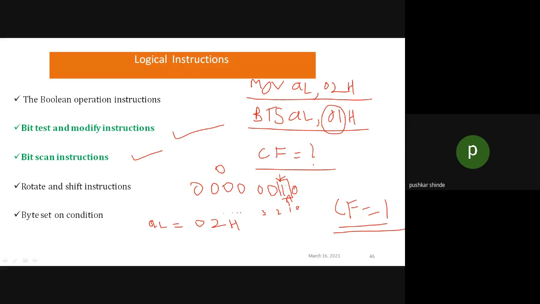If it would have been 0, it would have become 1 after the BTS. So in case that this bit would have been 0, then it would have been set to 1 basically after BTS.